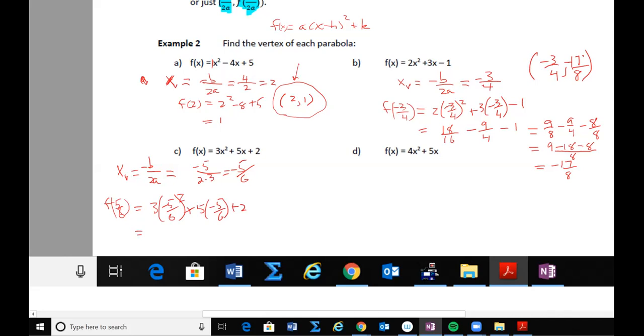And so this one will be 3 times 25 over 36 minus 25 over 6 plus 2. So we're going to have 25 over 6. Oh, wait, that's a 36. That's funny. I was canceling that 3 with that 3 there. Not quite.